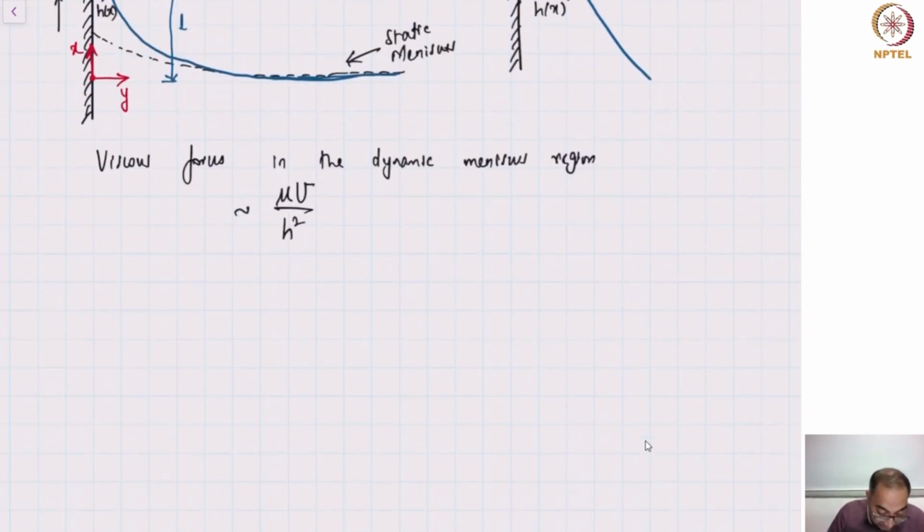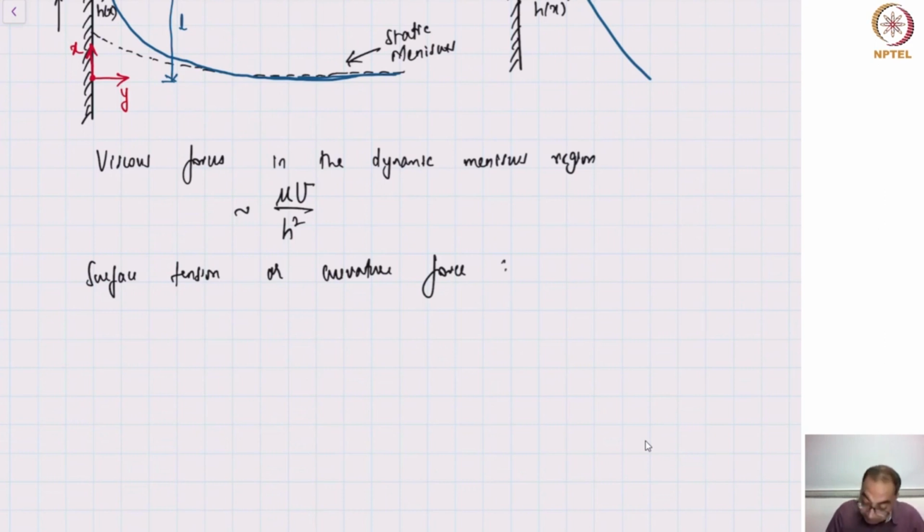Now we look at the curvature force, surface tension. How would we go about deriving the curvature force?